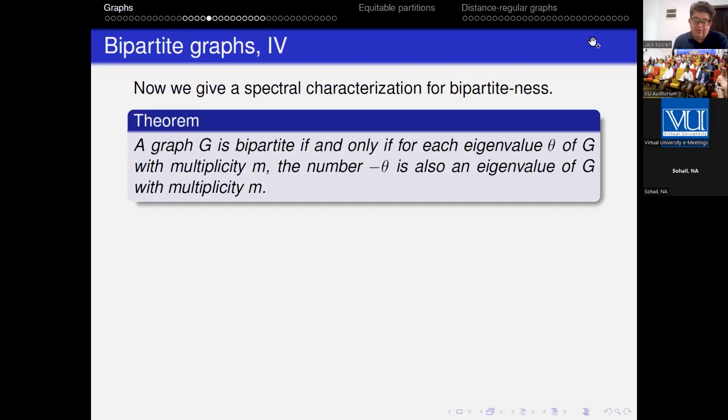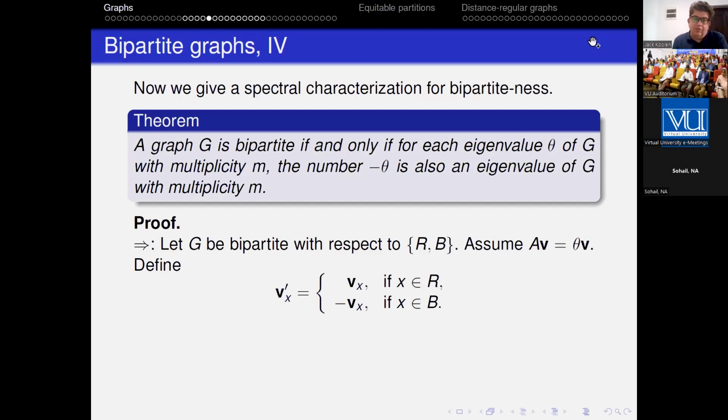A graph G is bipartite if and only if for each eigenvalue theta of A with multiplicity m, the number minus theta is also an eigenvalue of A with the same multiplicity. So the spectrum is symmetric around 0.